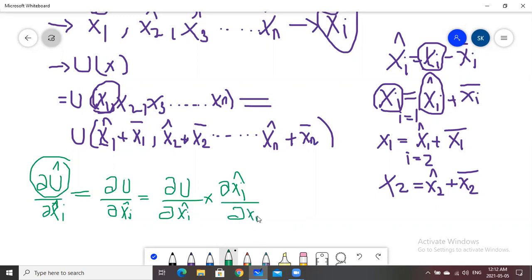Curly xi is equal to, now this whole is equal to curly u upon curly xi.